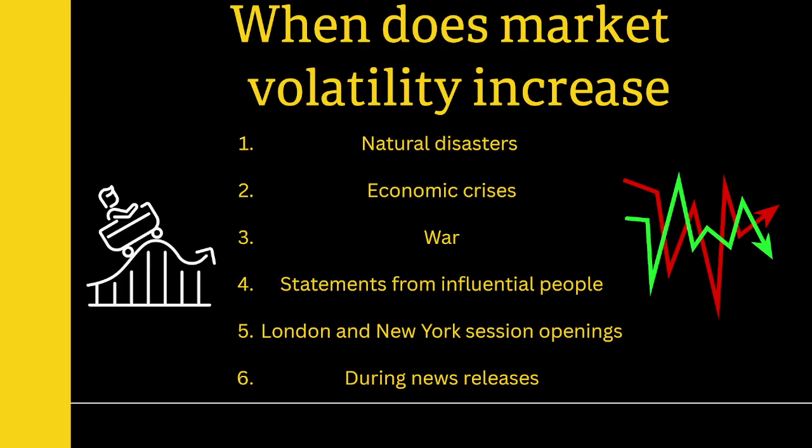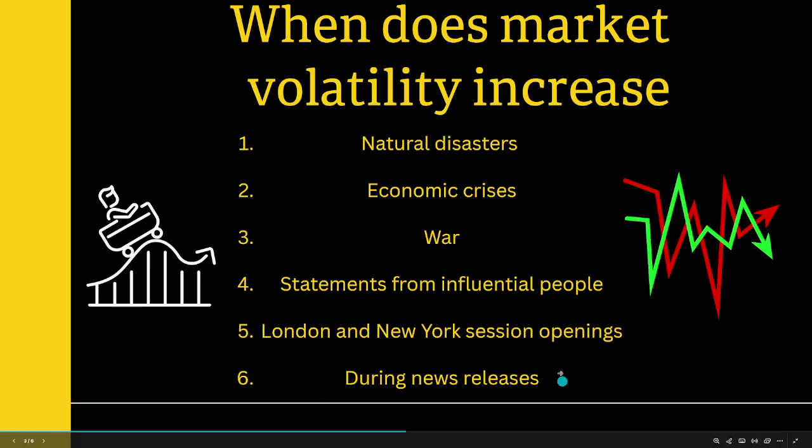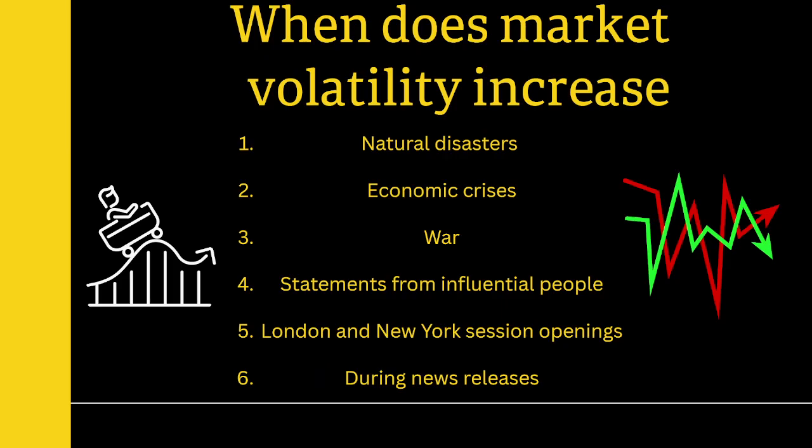As soon as he tweets or talks about anything during a press conference, you will find market movement in a very volatile way. And again, London and New York session openings always cause volatility to increase, and also during news releases and economic indicators like the FOMC and like the CPIs and all of these economic events.